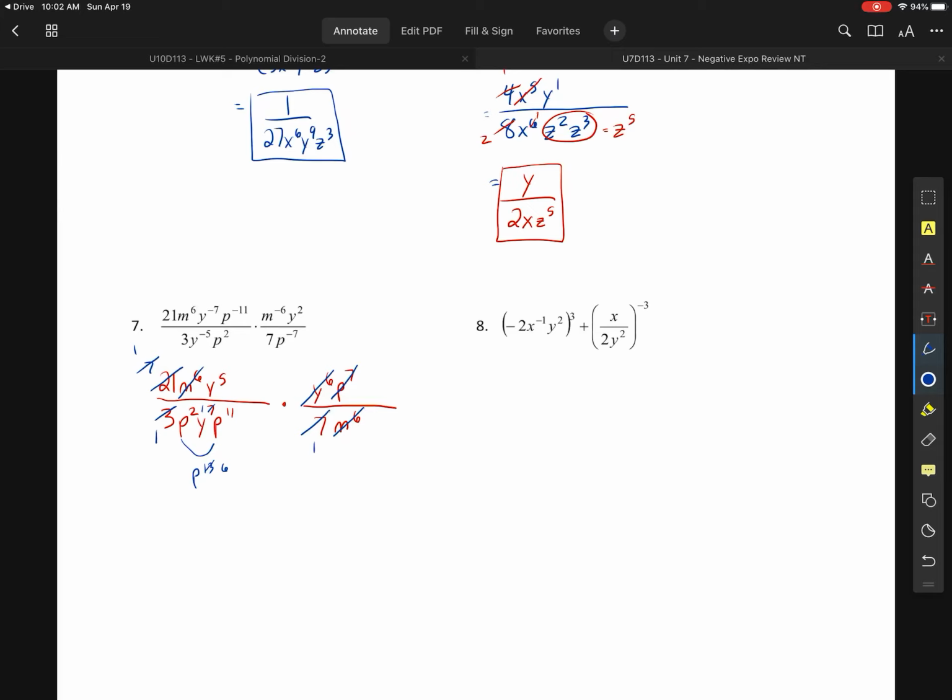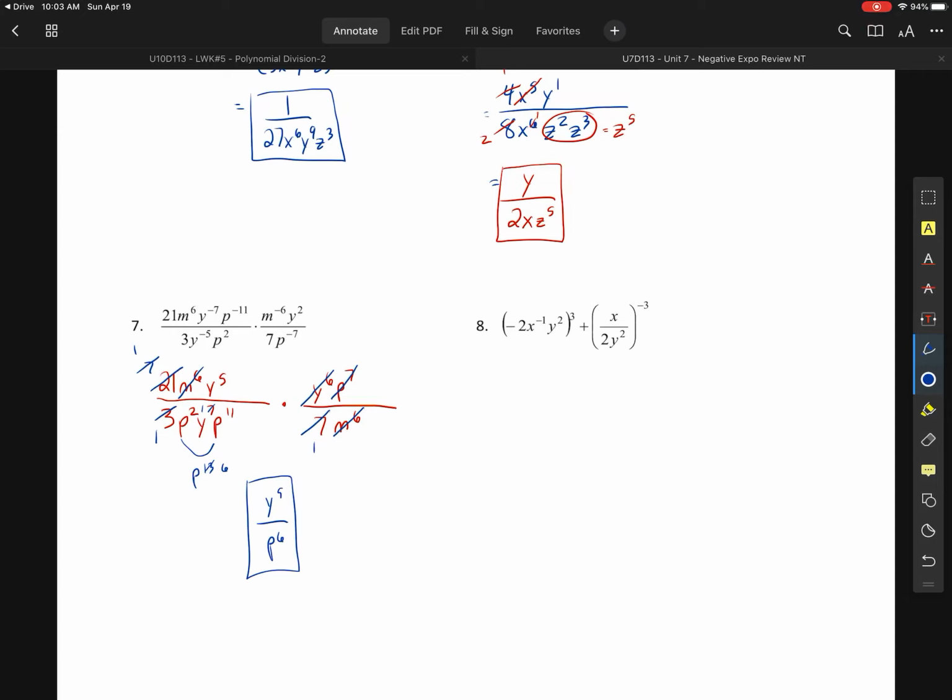I feel like I'm missing something. What am I missing? So what do we got now? Looking here, I got y to the 5th over p to the 6th.